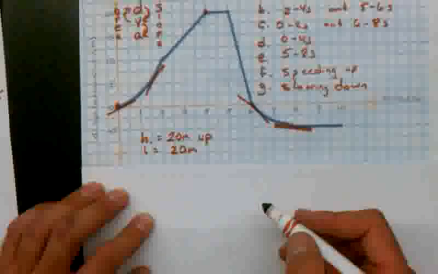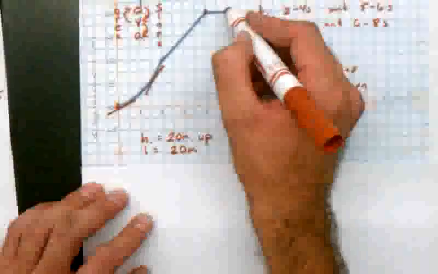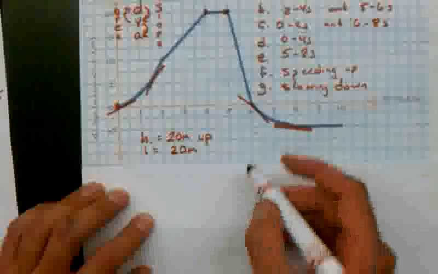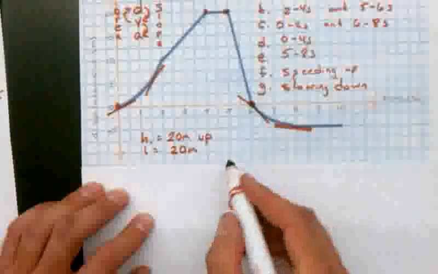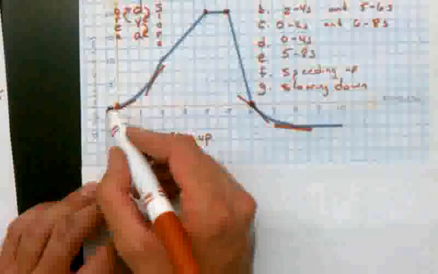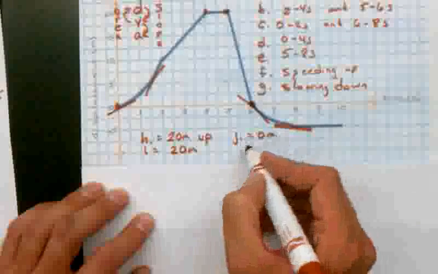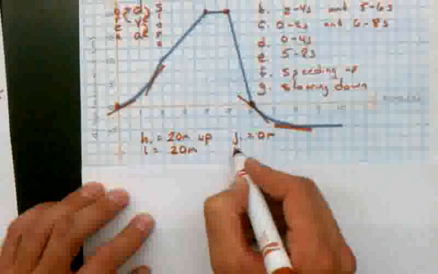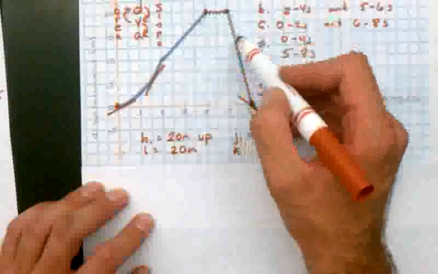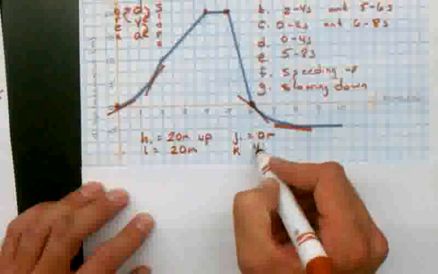What was the elevator's displacement for the first 6 seconds? Well, at 6 seconds, it was back to here. So its displacement from 0 to 0 is just 0 meters. But the distance it traveled, it went up 20 meters and went back down 20 meters, and so we get 40 meters.